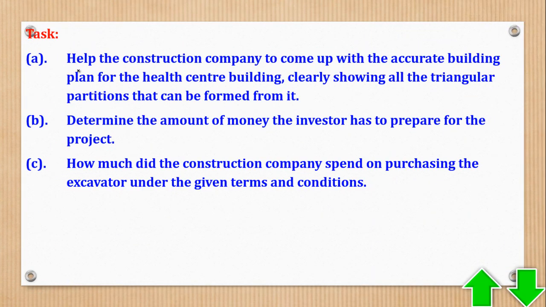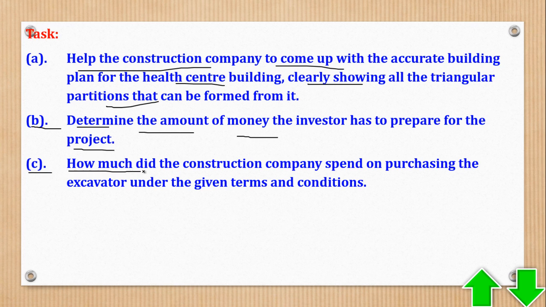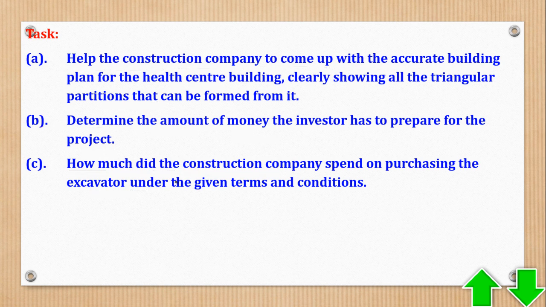Then task A, help the construction company to come up with the accurate building plan for the health center building, clearly showing all the triangular partitions that can be formed. Then part B, determine the amount of money the investor has to prepare for the project. And part C, how much did the construction company spend on purchasing the excavator under the given terms and conditions?